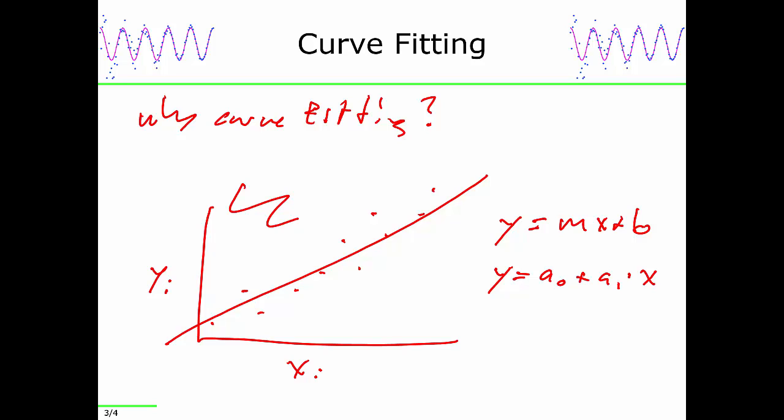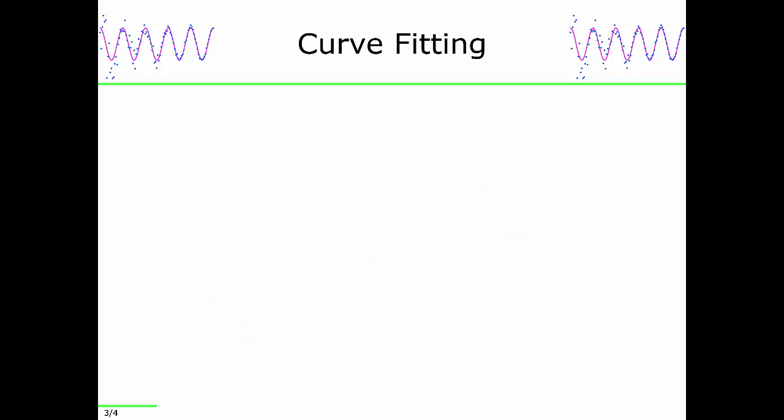A0 and A1 are the two parameters we're looking to extract from the fit, the constant, the intercept, and the slope, respectively. All right, so how do we do this? The question we're going to start with is, given a set of y values for a given set of x values, what are the most probable values for A0 and A1?